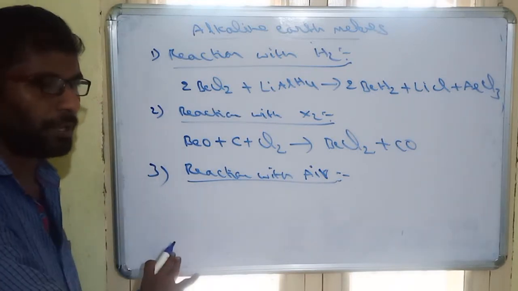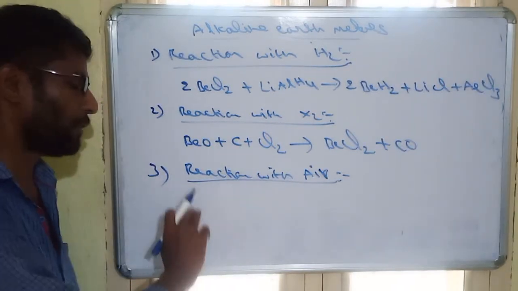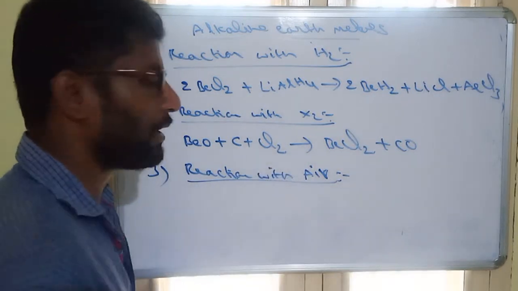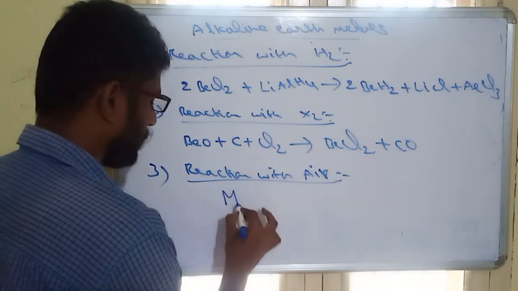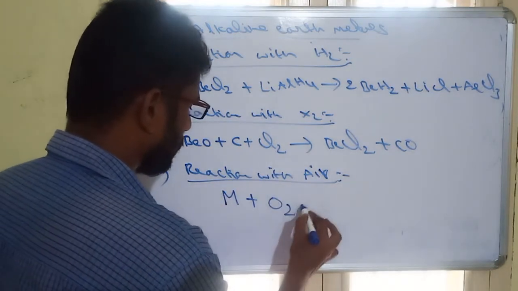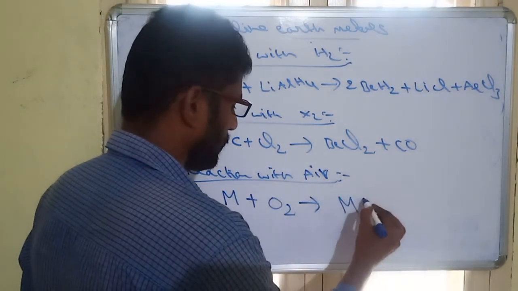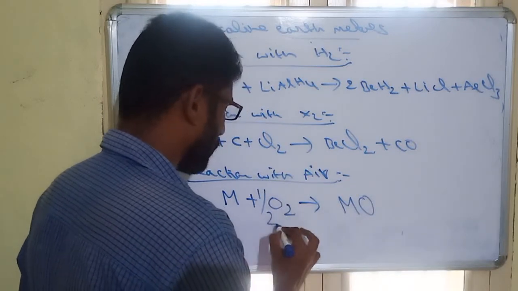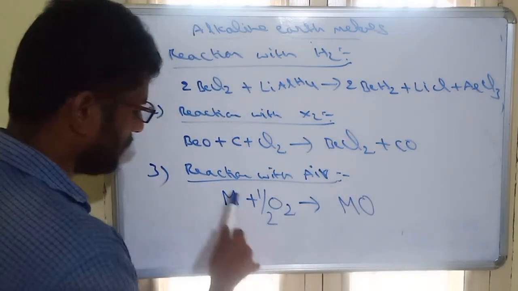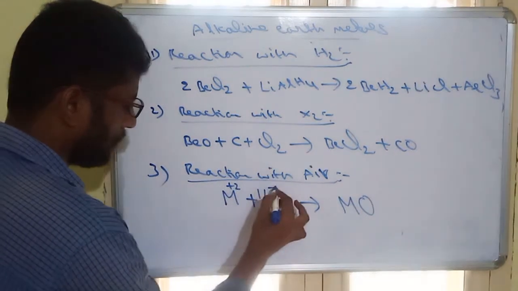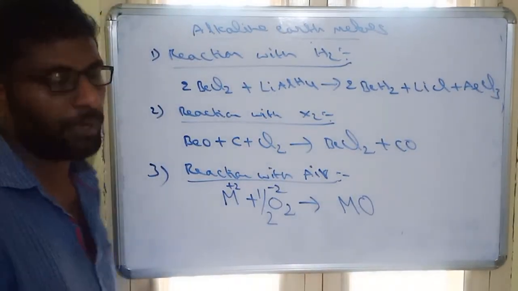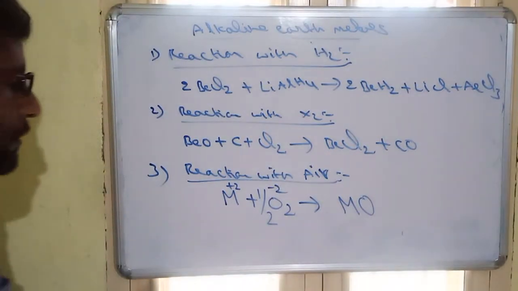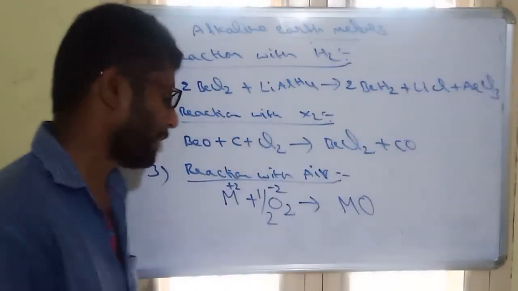However, when taken in powder form, on burning the powder we can produce beryllium oxide and also magnesium oxide. So metals of the second group combine with oxygen and form MO. The formula of the oxide will be MO because the metal charge is plus 2 and the oxygen charge is minus 2, both of the same magnitude. This is the empirical formula MO.